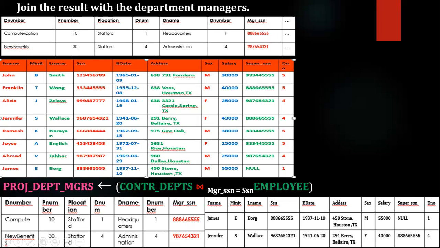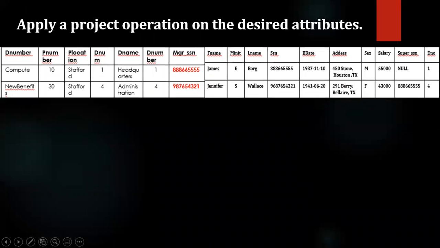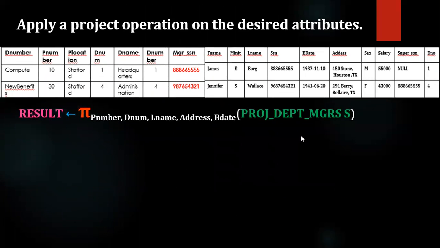From this we can extract only the required attributes. How to extract only the required ones? Use the projection operation and select the required columns. What are the required ones here? I'll take project number 10. Which department is handling project number 10? Department number 1. Who is the employee? James, his address and birth date.